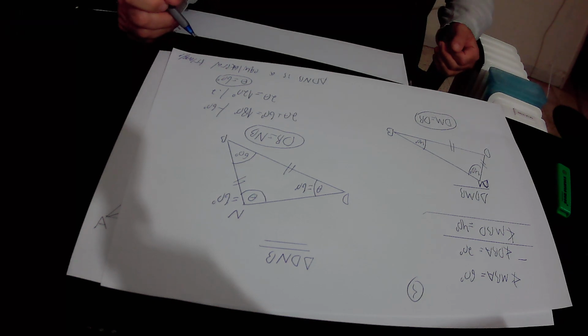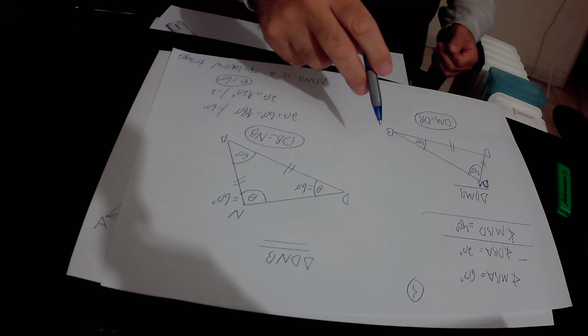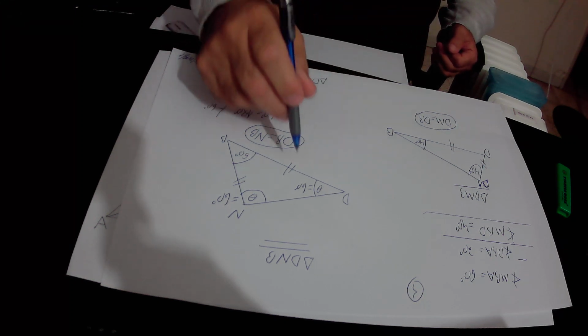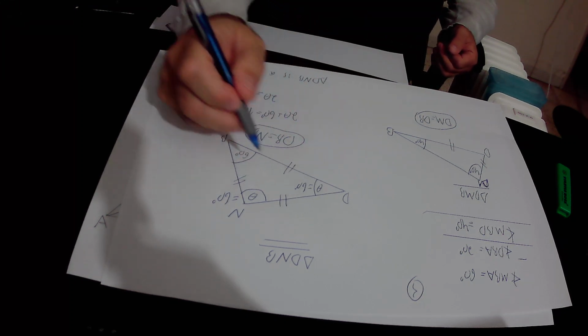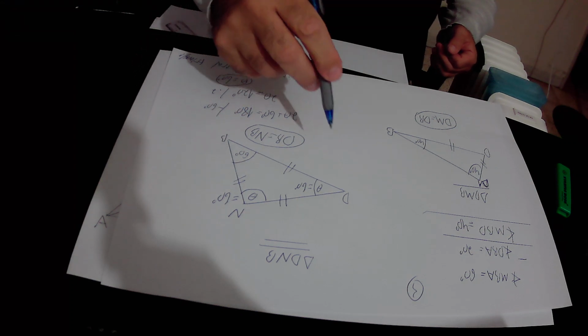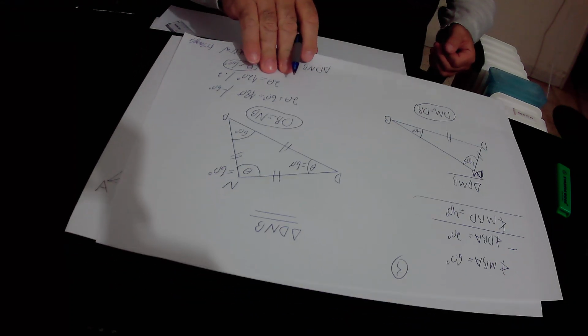And we know that all the sides in any equilateral triangle are equal to each other. So in the equilateral triangle DNB, side DN equals side NB equals side DB. So I write it down.